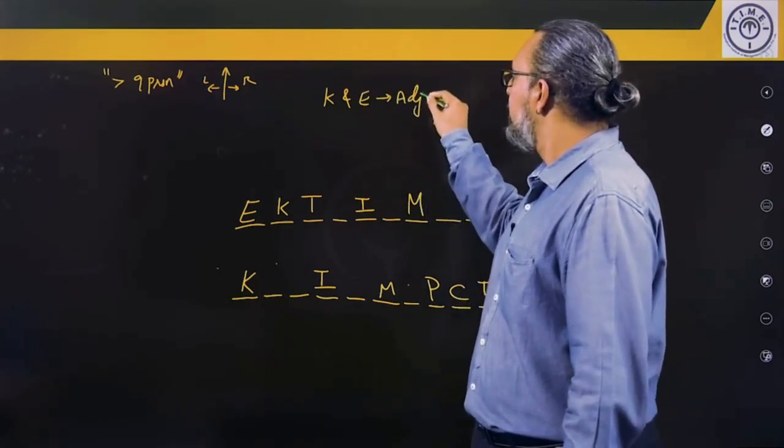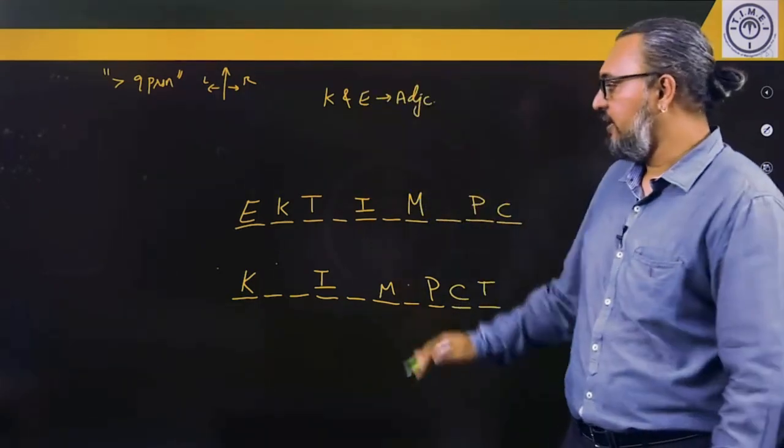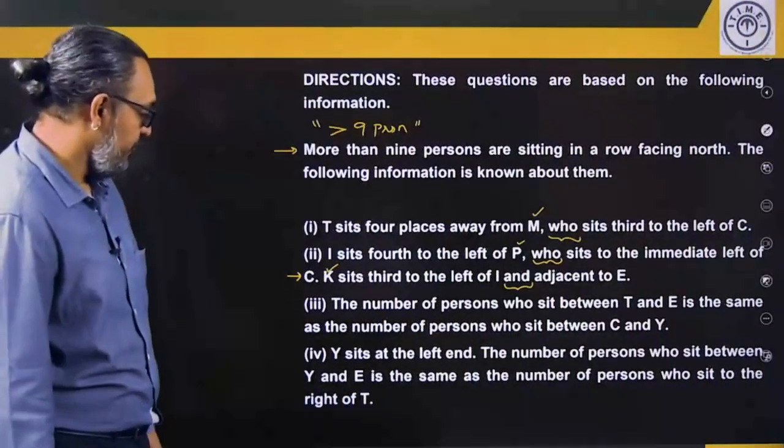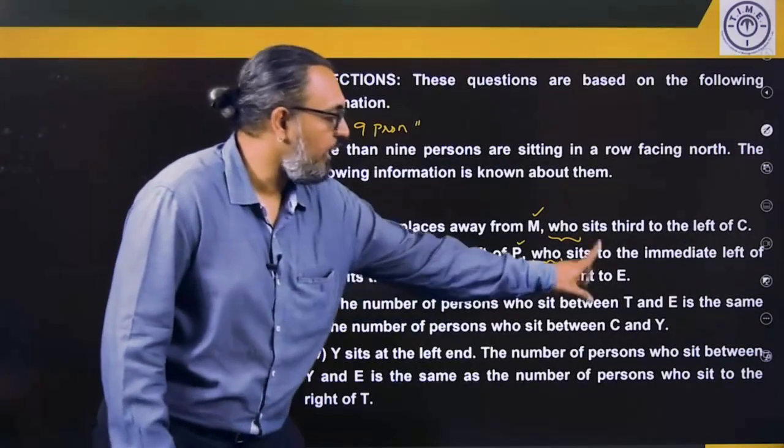We will look into this for the second, but for the first it is fixed. Then what else do we have? Right, K is third to the left of I and adjacent to E.